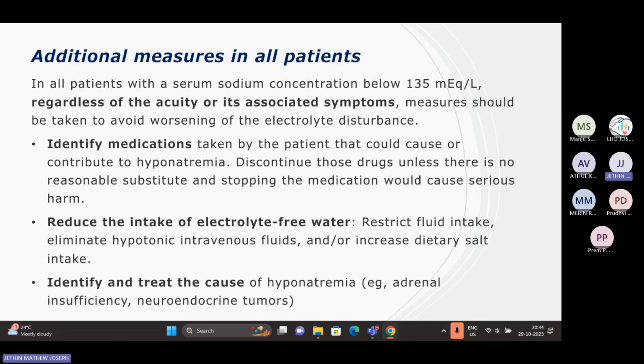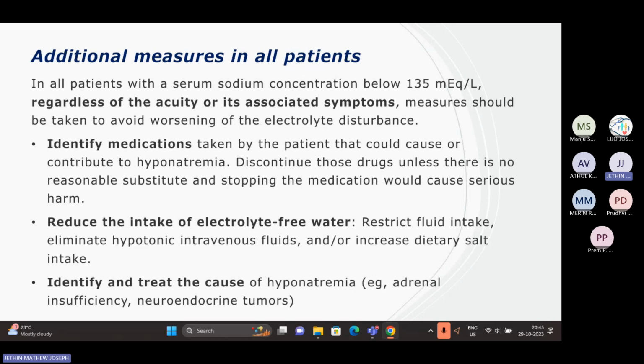So we covered management in acute and chronic hyponatremia. The additional measures you have to take in all these cases are to identify any medications which could be causing hyponatremia, like diuretics, and any other drugs the patient is taking. So a very detailed history is important. Discontinue those drugs, unless there is no reasonable substitute and stopping the medication would cause serious harm.